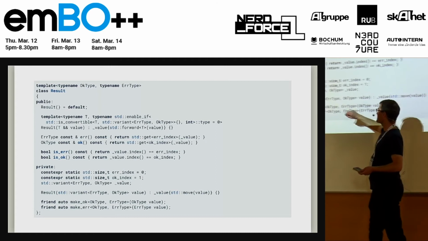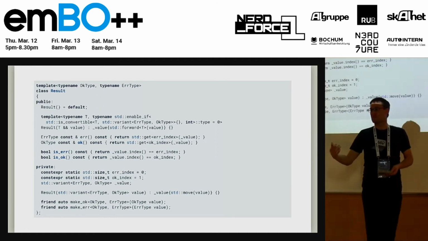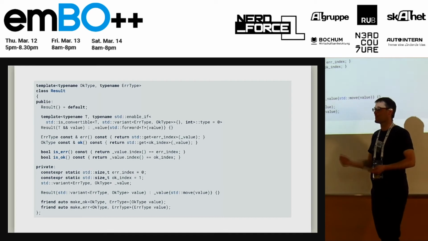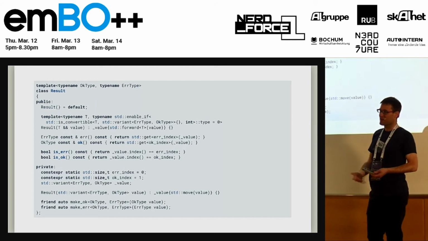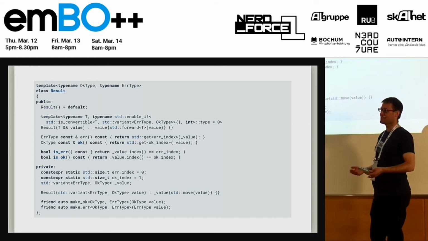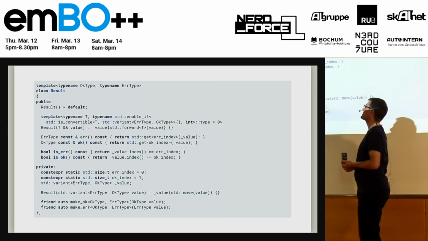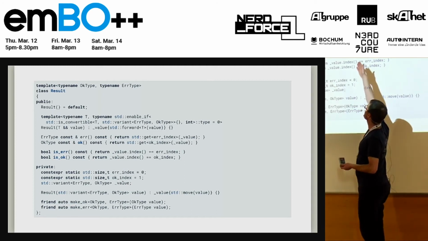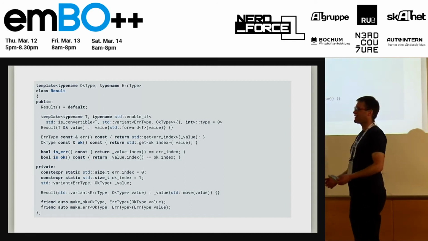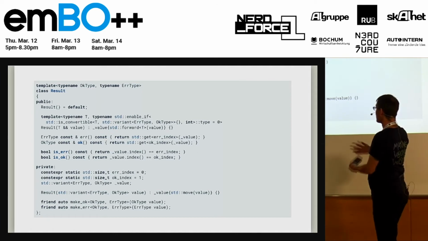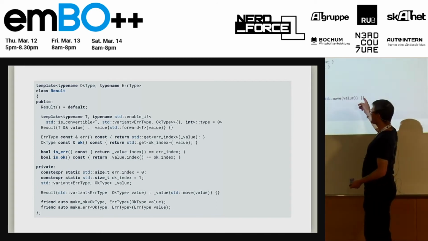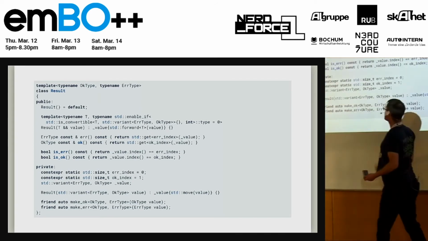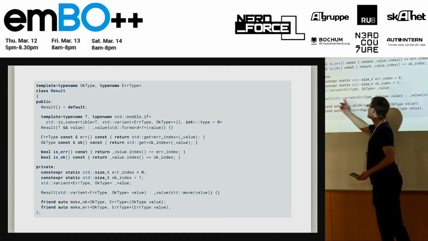The constructor of std::variant is quite complicated. If you just look at the definition, there are quite a few restrictions on what it can accept and not. And this is all implemented at the moment, for example, in the GCC standard library with SFINAE, and it's really huge. But I don't have to care because it already can do it, so I just tell it, use the same. If I can convert my value to a std::variant, then you can also make a result.